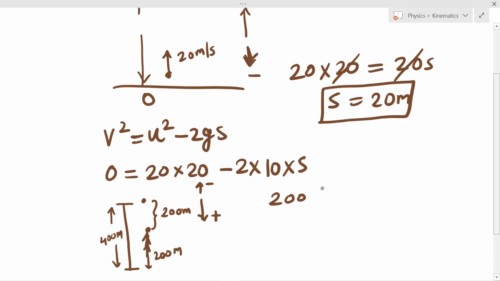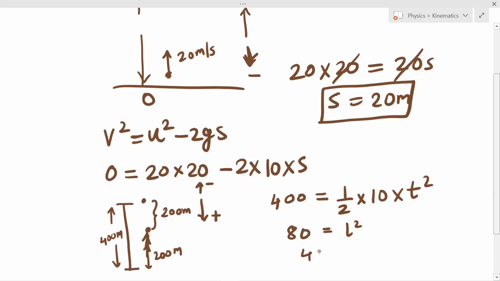So 200 is positive is equal to u is 0, so half into, this will be 400 because we have to calculate the time taken to reach the ground. So this is half g t square. So this is 800 divided by 10 is 80 t square. So 80 is equal to t square.